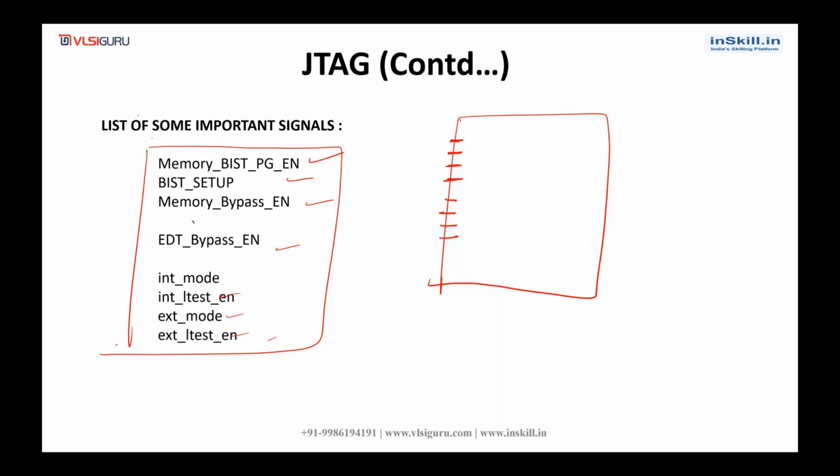If we allocate a top level port to control each and every signal, then what will happen? The number of top level ports will increase drastically.